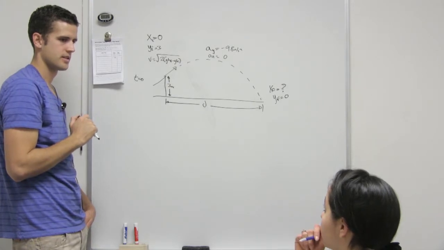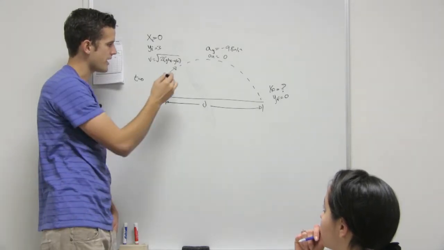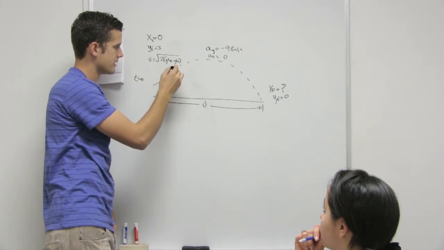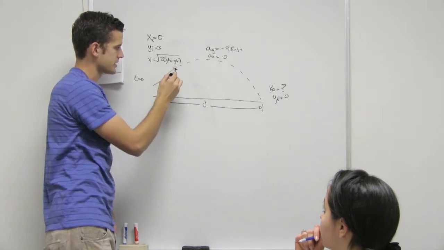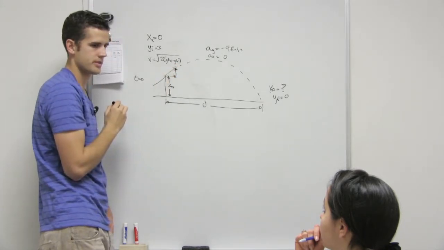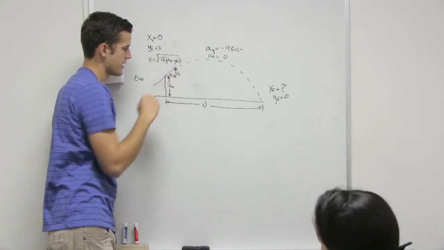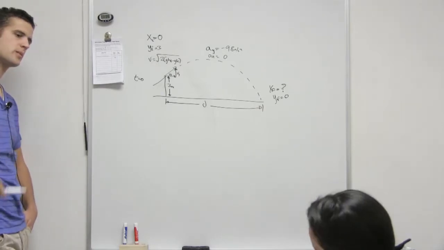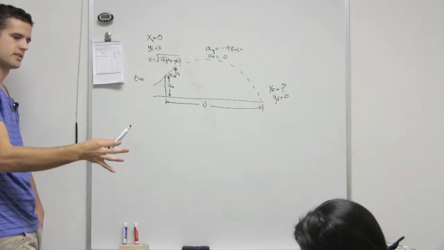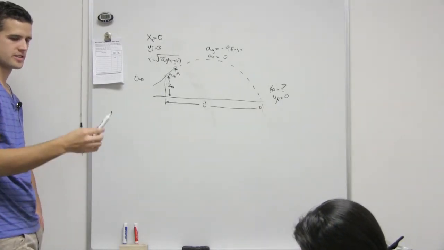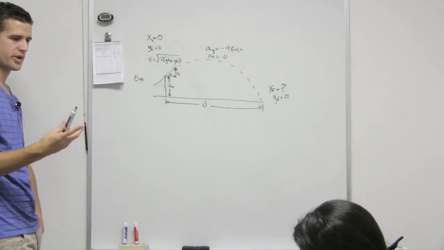What if it's the y? If it was the y, it would only be in y, right? That's kind of a trick question because it's both. Because this is Vx, this is Vy. So she comes off the ramp at an angle, which means her initial velocity has an x component and a y component.